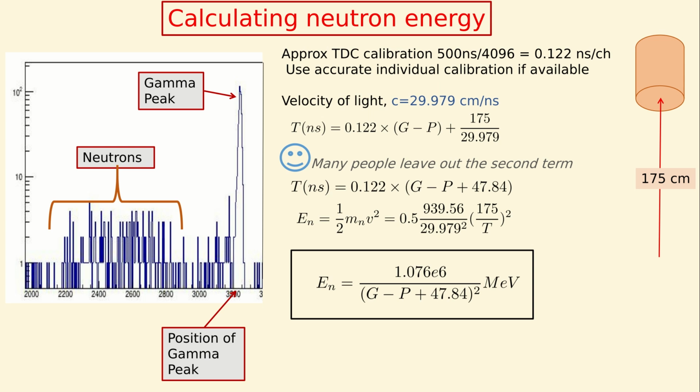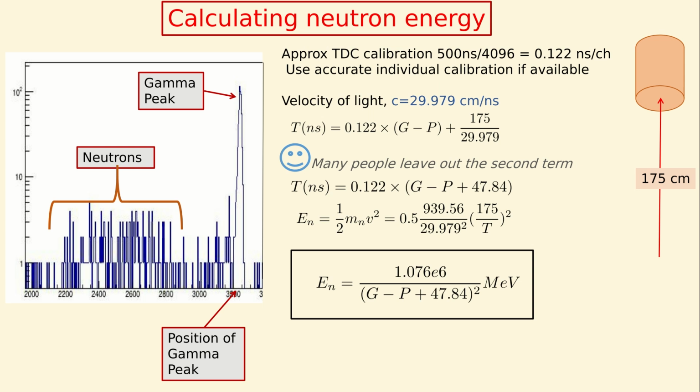First of all, you need to work with the time calibration. So approximately, if the TDC has 4096 channels, and if the TDC range is set to 500 nanoseconds, it works out to be 0.122 nanosecond per channel. I don't have the TAC calibrator value here. If you have done the experiment, you should take a TAC calibrator or time calibrator, calibrate the TDCs, and use the calibrated number, and you shouldn't use a fixed number like 0.122.